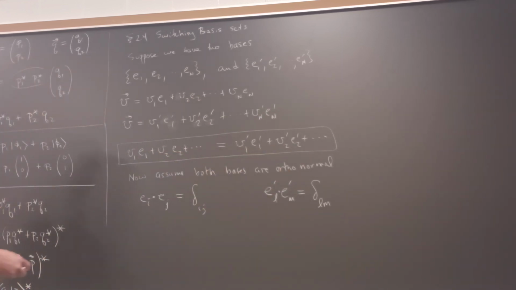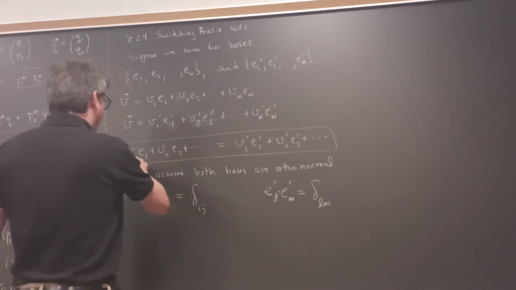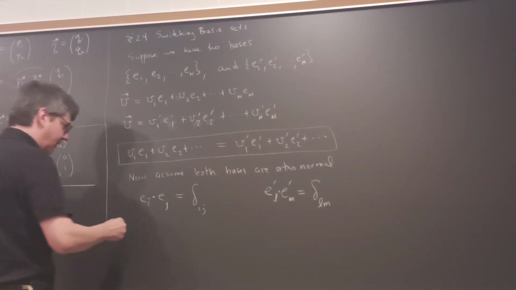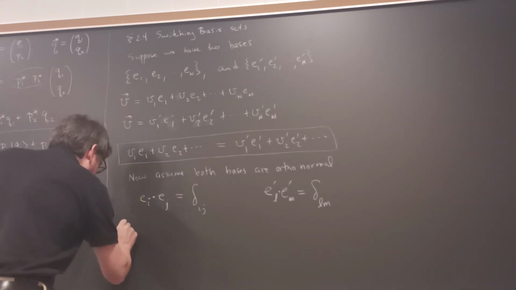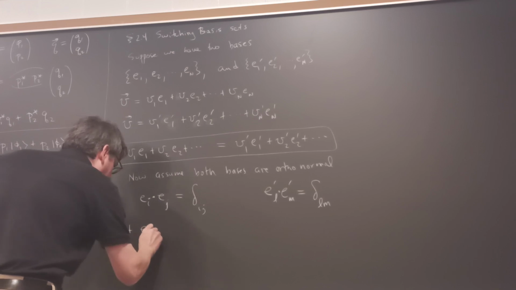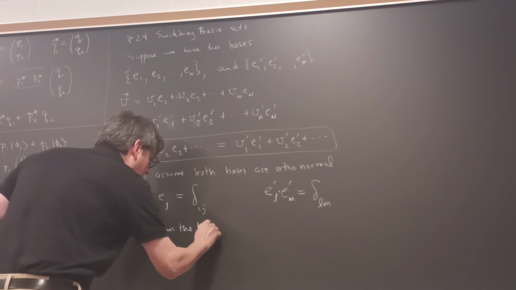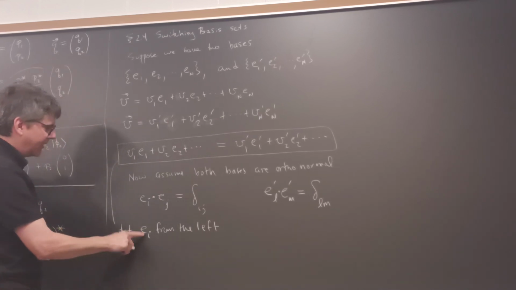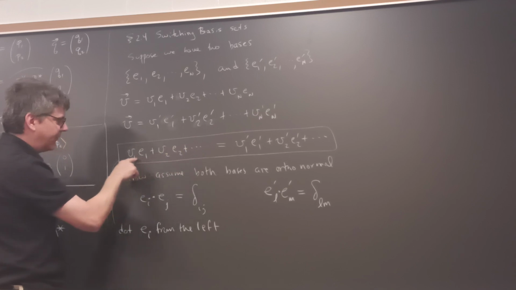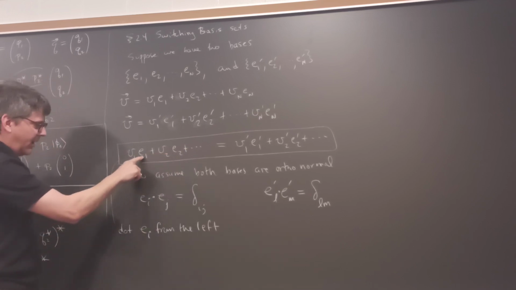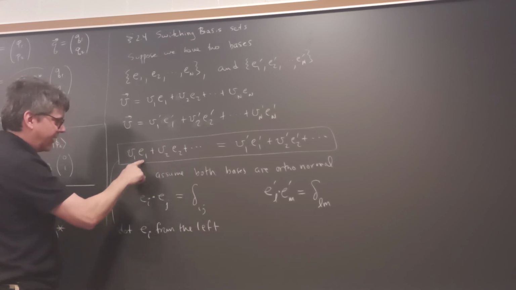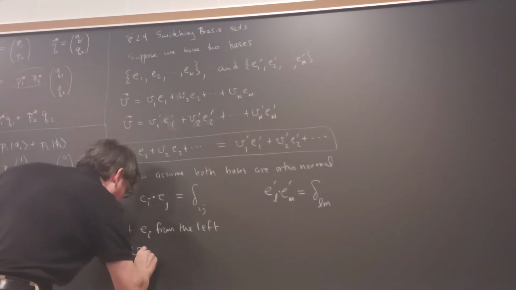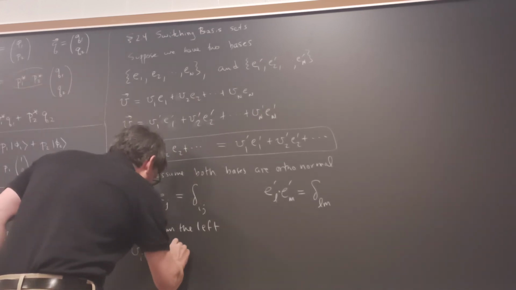We can do that by dotting this expression from the left with E sub I. When E sub I takes the dot product with this sum of vectors, it will be 0 for everything except when the other E is the same as I. So that will pick out V sub I on the left, and then on the right we'll have V1 prime.